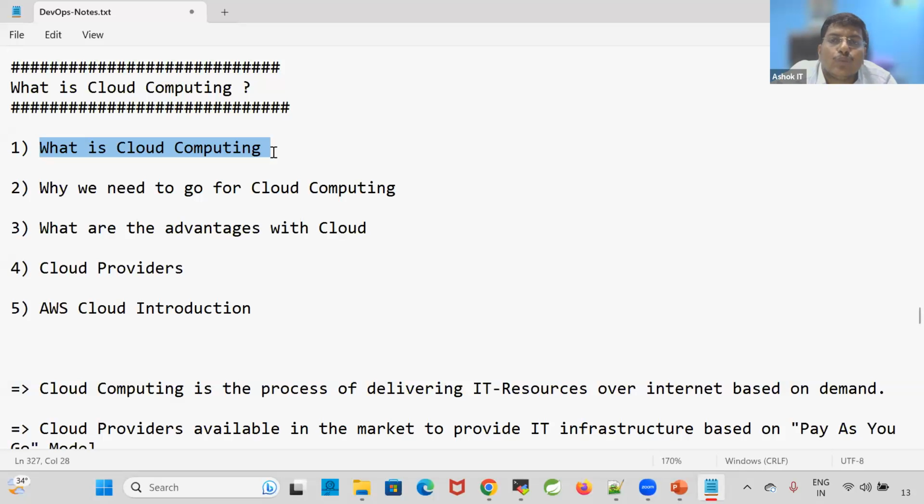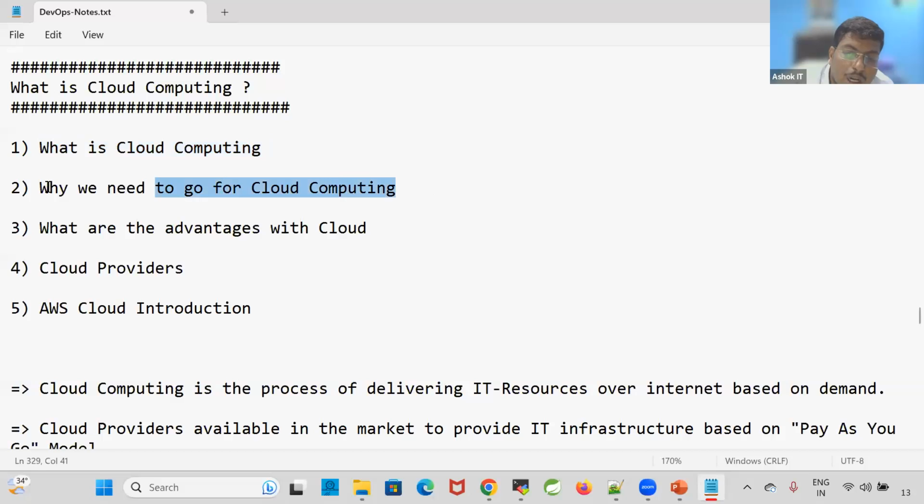The company which provides IT infrastructure for rent is called a cloud provider. Amazon does that. Google, Microsoft, Salesforce, IBM, Oracle do that. IBM Cloud, Oracle Cloud, Google Cloud, Azure Cloud, AWS Cloud. There are several cloud providers available in the market.